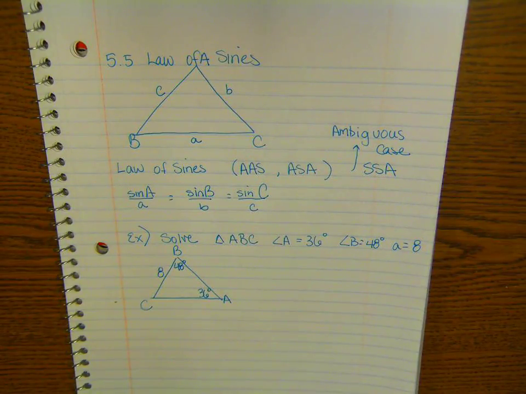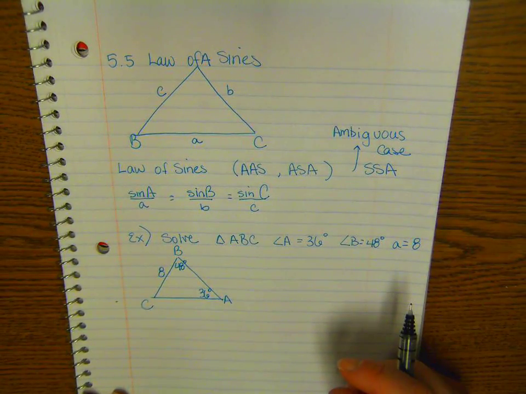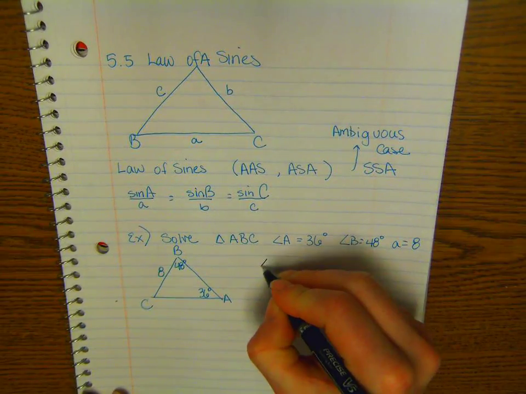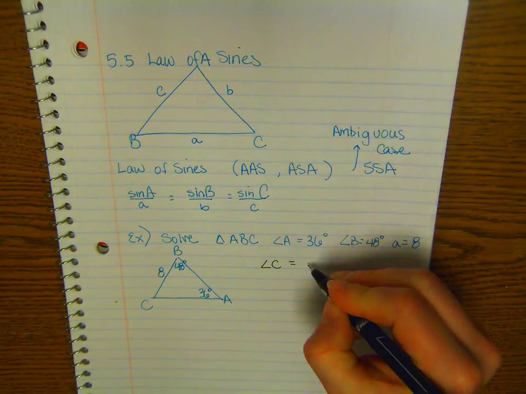Angle angle side, because the side is not included. All right, so Aiden would like to find angle C first. By the way, if it says solve the triangle, that means find all of the angles and sides. So he said angle C is what? 180 minus 84, which is?